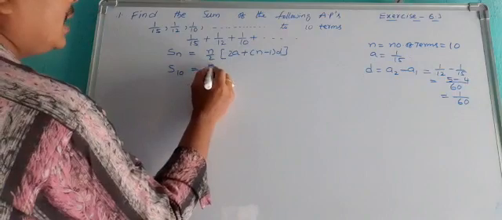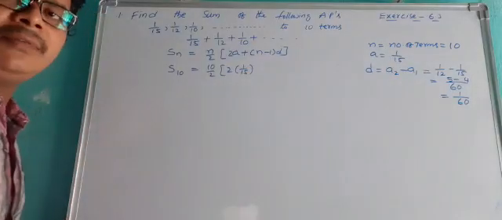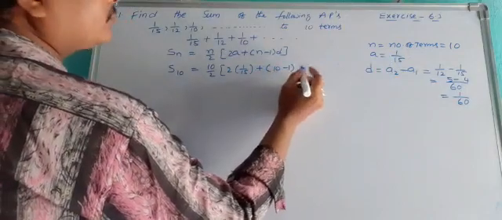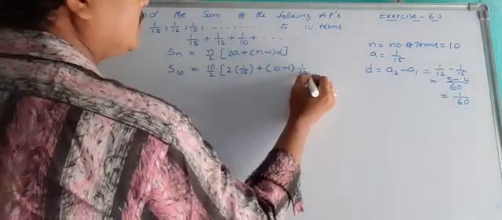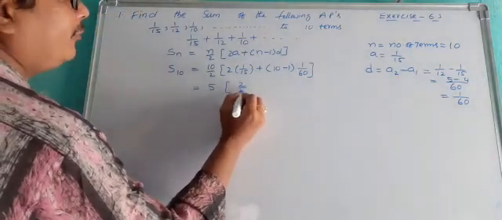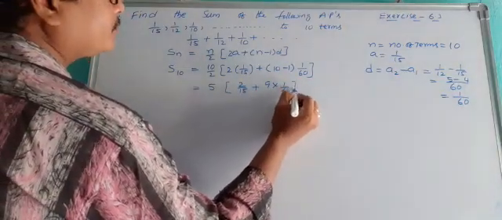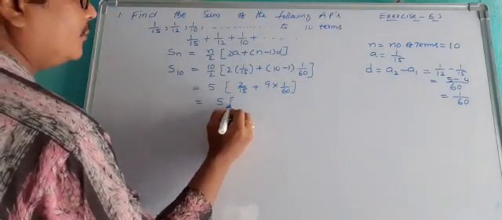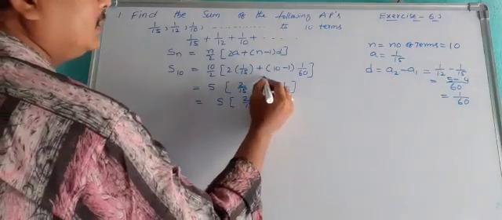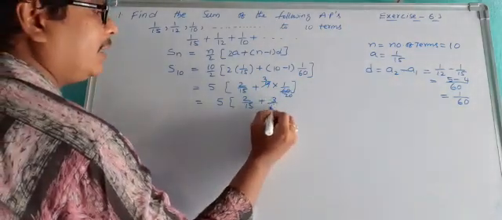Here, how many terms? 10. So S10 equals 10 by 2 into 2a, that is 2 by 15, plus n minus 1, that is 10 minus 1, into d, which is 1 by 60. That equals 5 into 2 by 15 plus 9 into 1 by 60, which is 3 by 20.